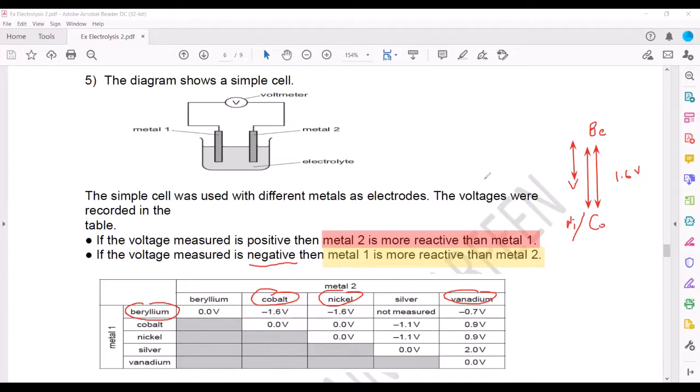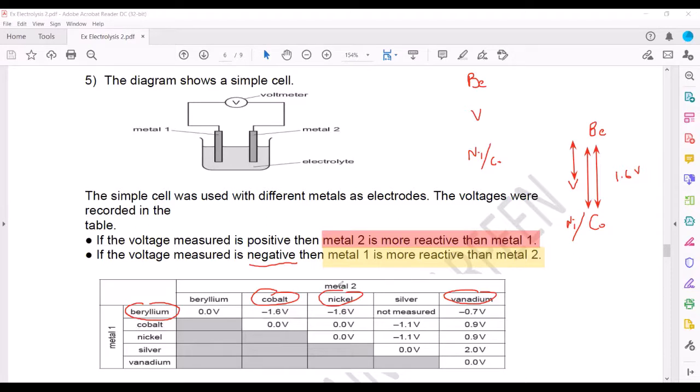When we set up the reactivity till this point, we have beryllium, then vanadium, and then nickel and cobalt according to the first row. Is it clear? The first part, how I work out the reactivity, excluding silver, because in the first row they did not mention the voltage of the silver. That's why I cannot find it for silver.